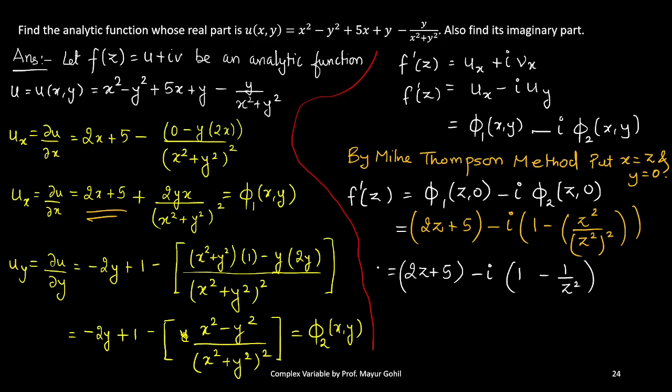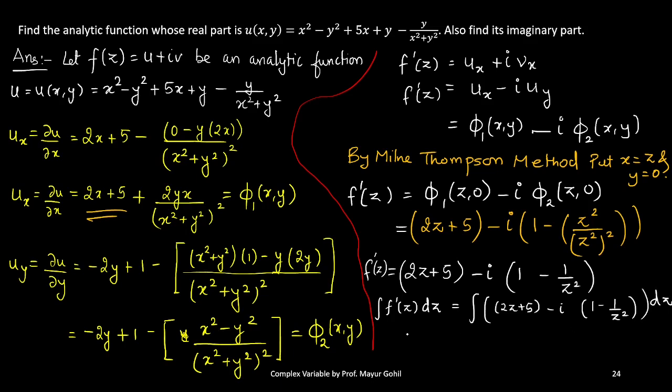We now perform the integration. So integral f dash of z dz will give me the integration of RHS. What we get is integration of 2z plus 5 minus I times 1 minus 1 over z square dz.